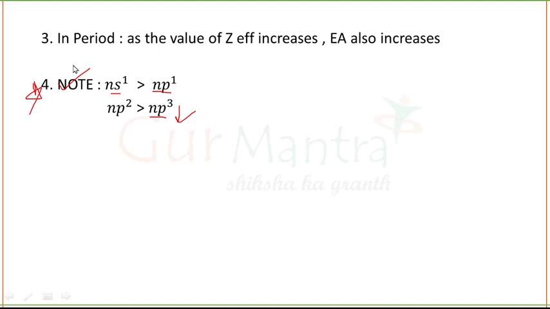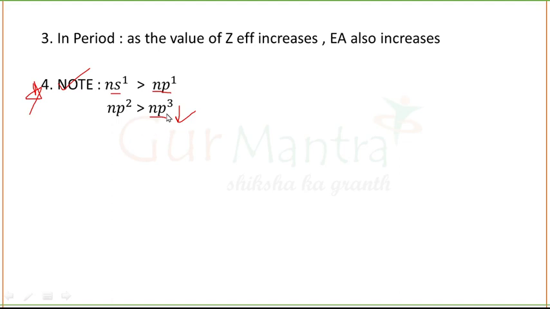Now this star mark point is very important. This point tells about the order of electron affinity between different subshells. As you can see, the ns1 subshell has higher electron affinity than the np1 subshell, while the np2 subshell has greater electron affinity than the np3 subshell.